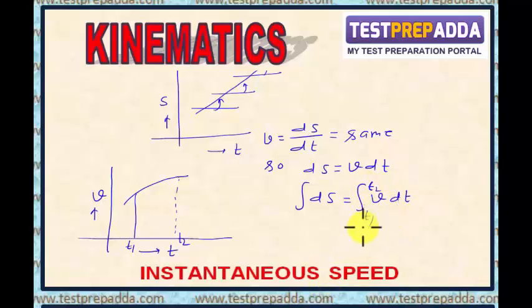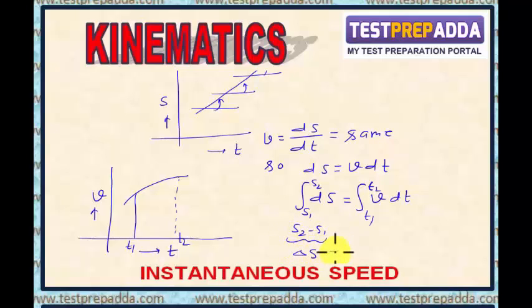So integral v dt limits t1 to t2. Here if I write s1 to s2, this will give s2 minus s1. That means the distance covered.